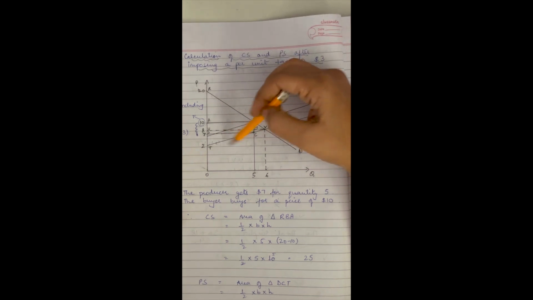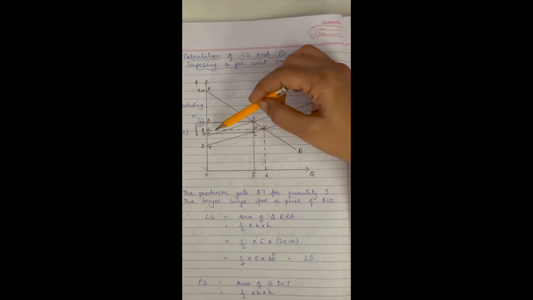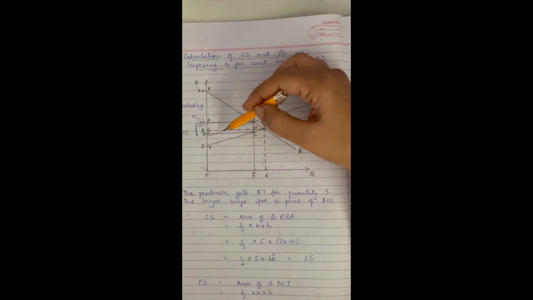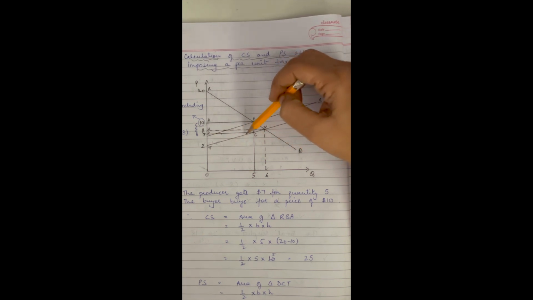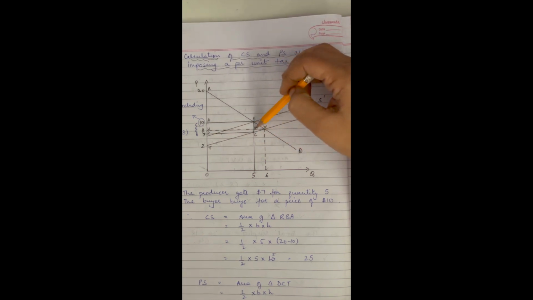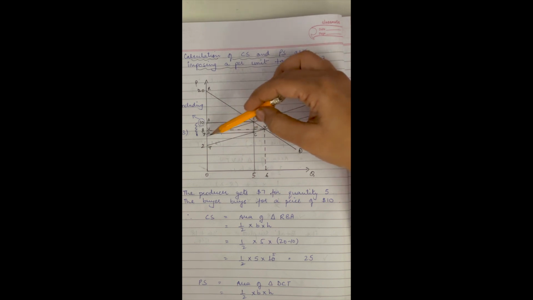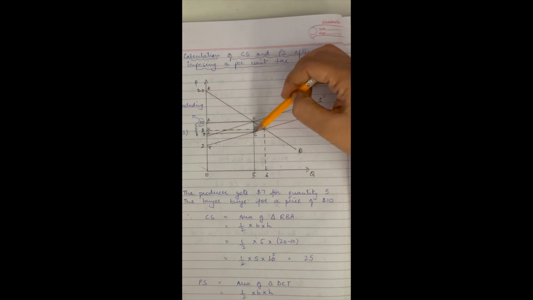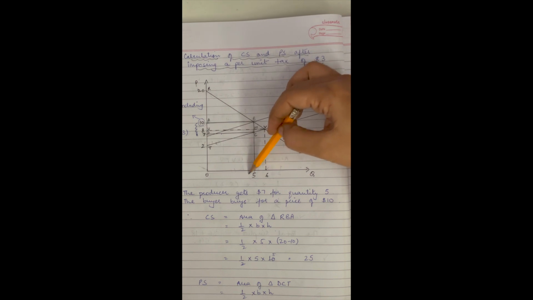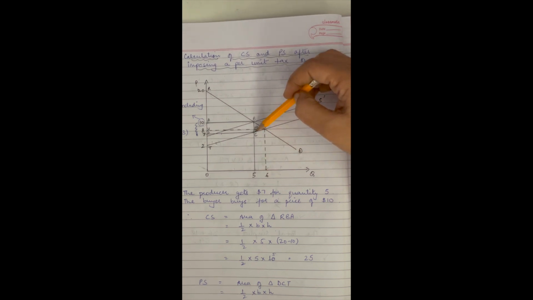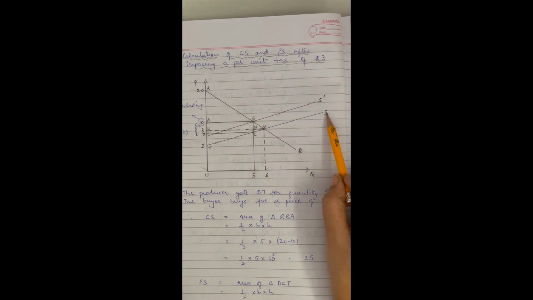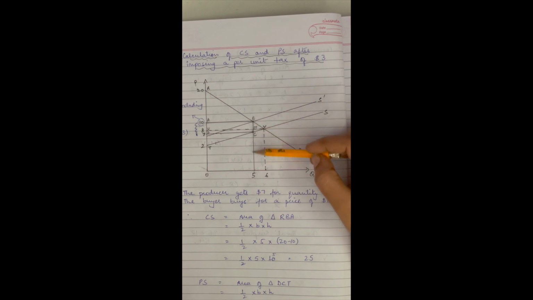Now in this case, after imposition of tax, the price at which he or she sells is 7 and not 8, because that's the price he or she gets for the equilibrium quantity of 5, which we see with the intersection of the old supply curve at equilibrium quantity of 5.